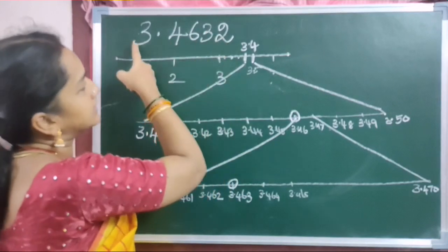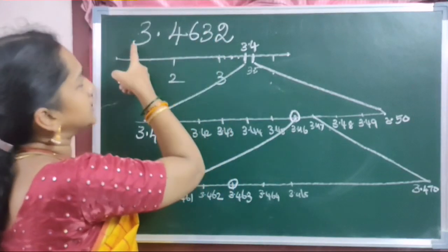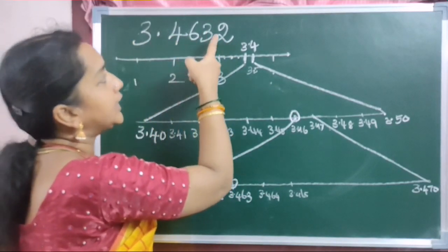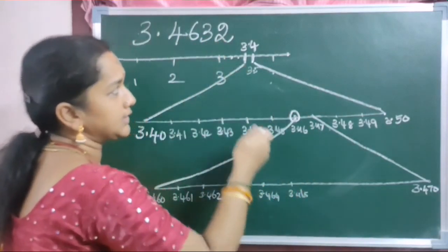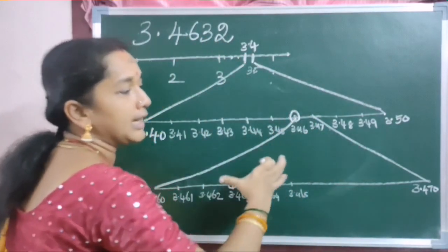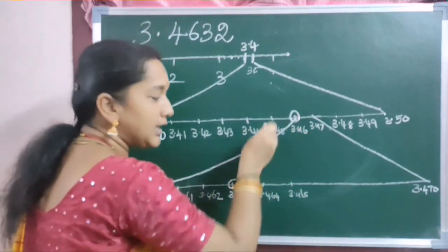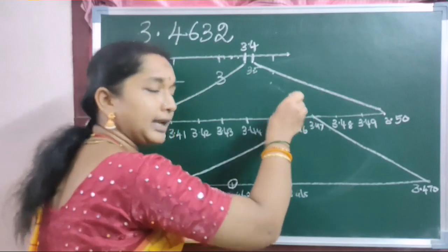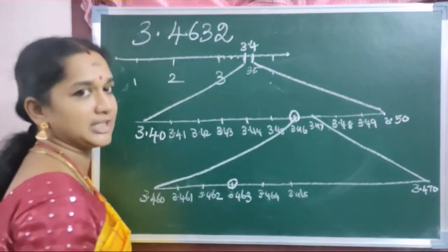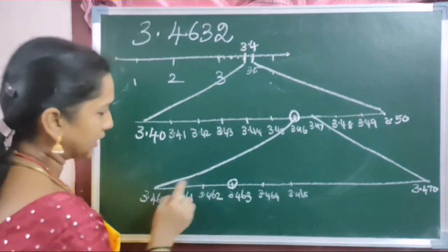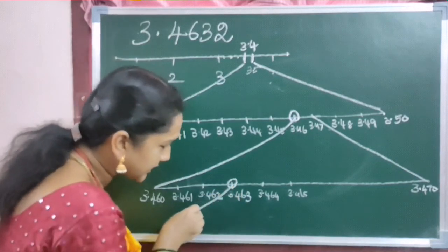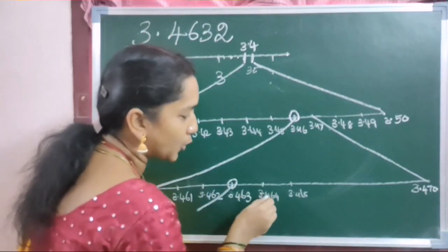Then the next decimal number is 3.4632. The meaning of this is that we are enlarging and magnifying that part alone. So these many decimal numbers will be there inside those two decimal numbers. Here, 3.463 and 3.464.